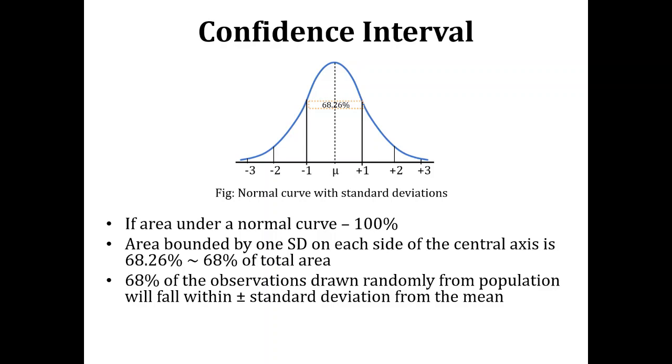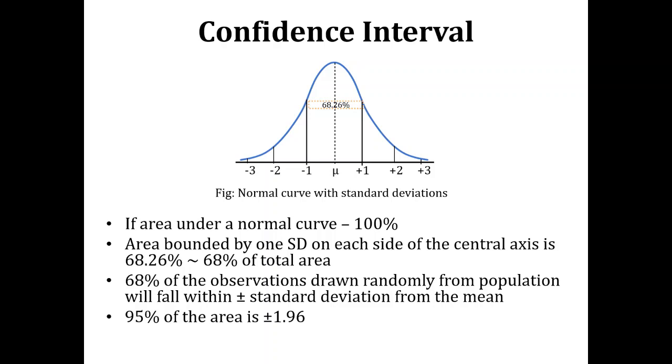And if we want to increase our confidence level, we will have to increase our interval size. And for that purpose, we need to include 95% of the area under the curve, right? So when we take -1 and plus 1, we are covering 68% of the area of the normal curve.